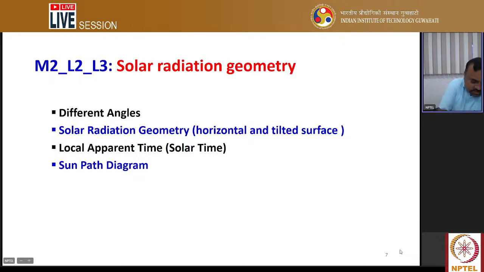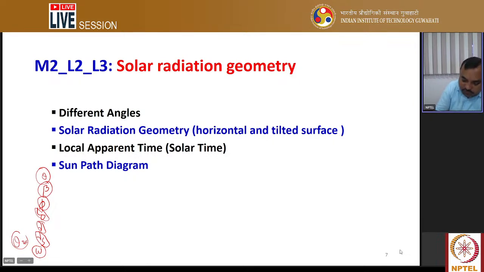Theta is the incidence angle, beta is the tilt angle, phi is the latitude, delta is the declination, gamma is the surface azimuth angle, gamma s is the solar azimuth angle, omega is the hour angle, and theta z is the zenith angle.